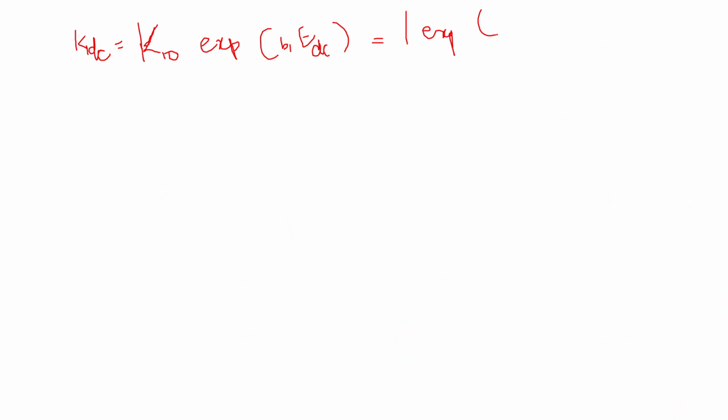B1 value is 19. EDC is 0.1, right? So you will get around 6.686. As I told, please at least keep 3 decimal points. Don't write it as 6.6 and continue, because there will be a significant difference in the final answer value.